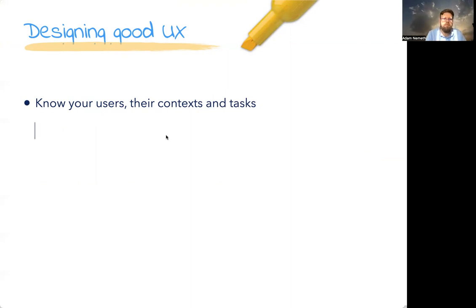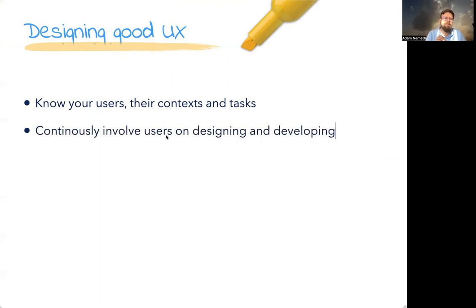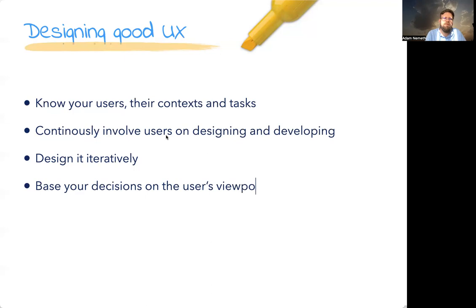The easiest way to know it is to involve them in designing and developing the system. And you have to design and develop it in an iterative, agile way. You have to start small, listen to their feedback, and then refine. And when I say listen to the feedback, I mean literally base your decisions on the user's viewpoint, on what you hear from the users.